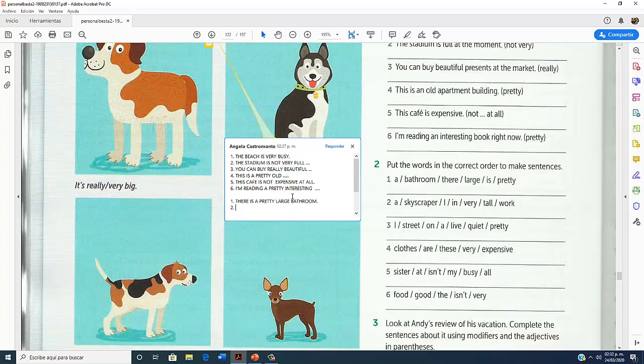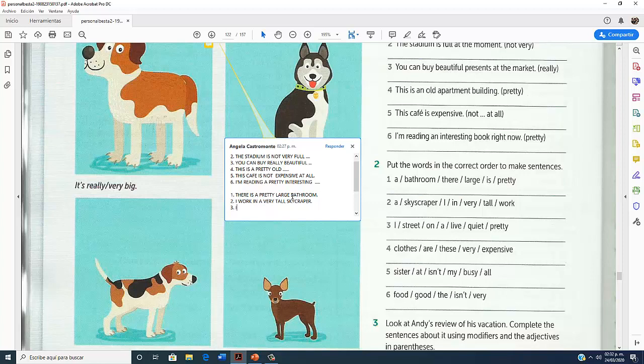Number 2, a skyscraper, I in very tall work. I work in a very tall skyscraper. I work in a very tall skyscraper.